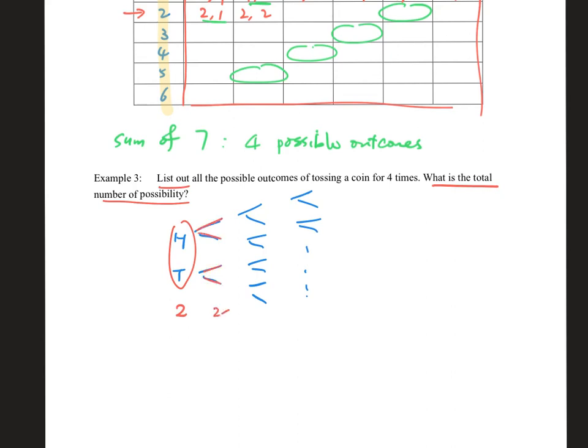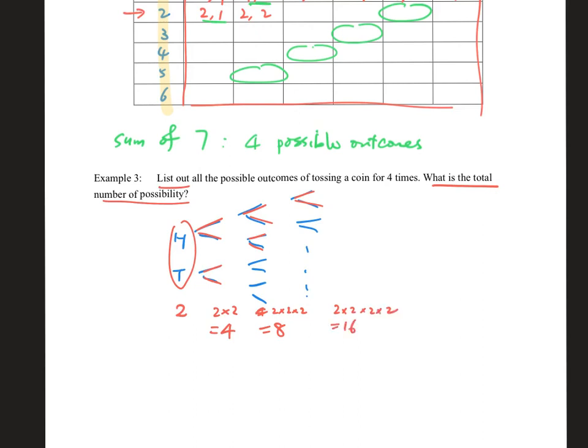So it's 2 times 2, which gives you 4. When you throw it 3 times, each branch will give you 2 more results. So it's 4 times 2, or I write 2 times 2 times 2, which gives you 8. Two more branches, 2 times 2 times 2 times 2, which gives you 16.